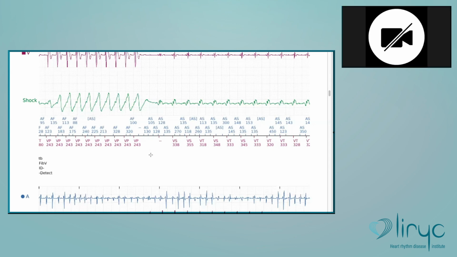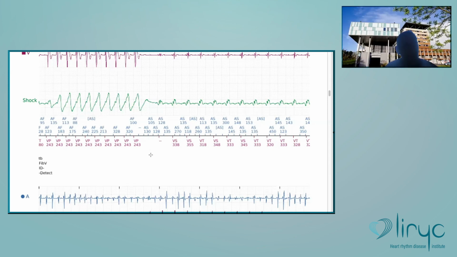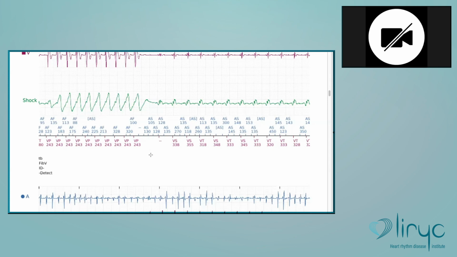Okay. And it's not the case after an ATP? No, after an ATP, there is no discrimination anymore. Let's consider you deliver 3 bursts. After these 3 bursts, no discrimination. But then if you deliver a shock, then it's the post-shock discrimination. Okay. All right. Thank you.